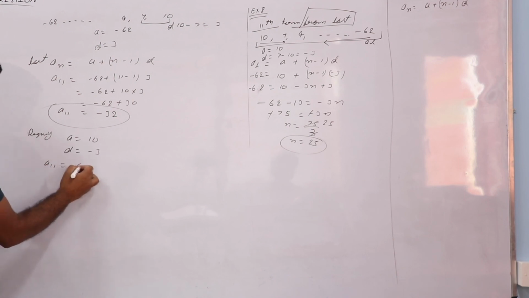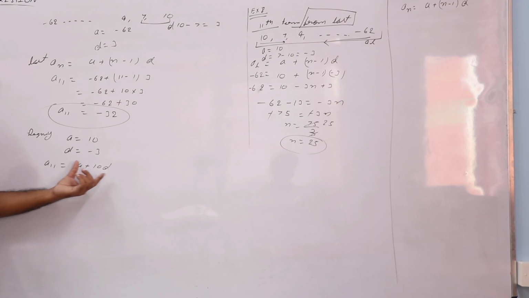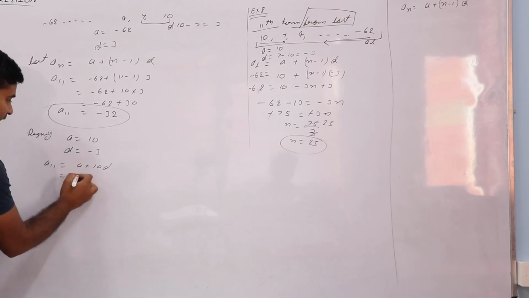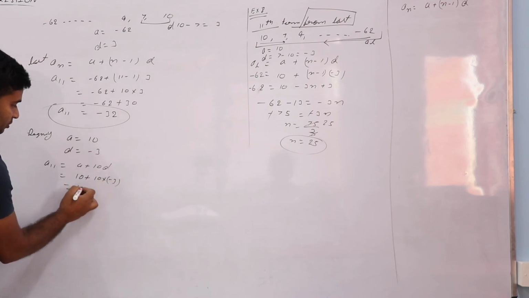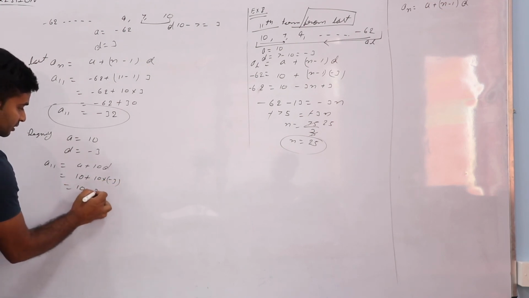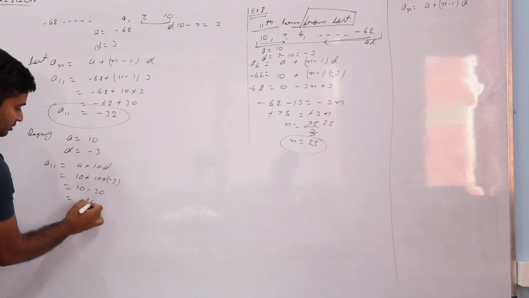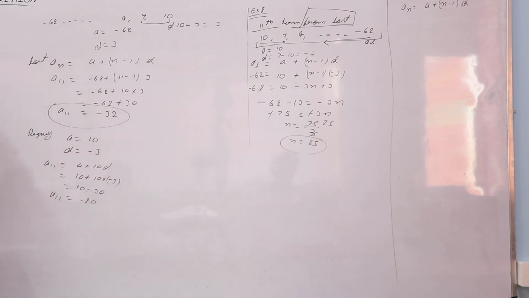So a11 is equal to a plus 10d, since the 11th term means 10d directly. So a is 10 plus 10 into minus 3, so 10 minus 30 is equal to minus 20. This gives a11 from the beginning.